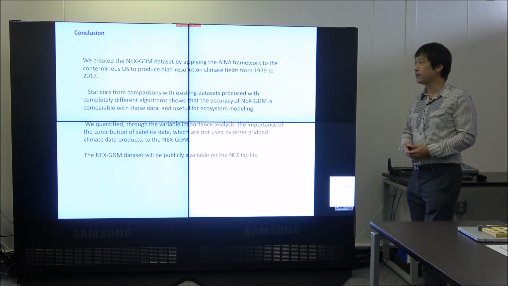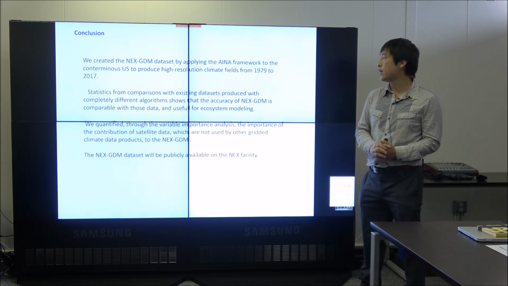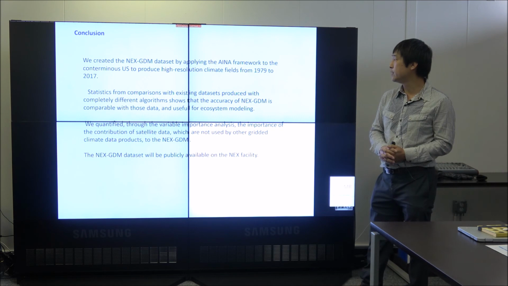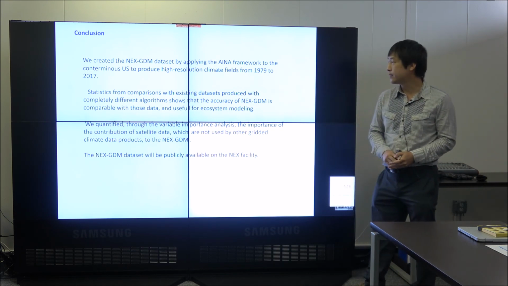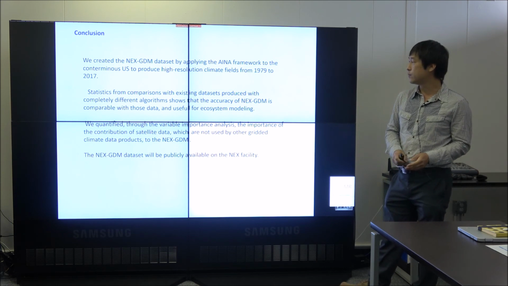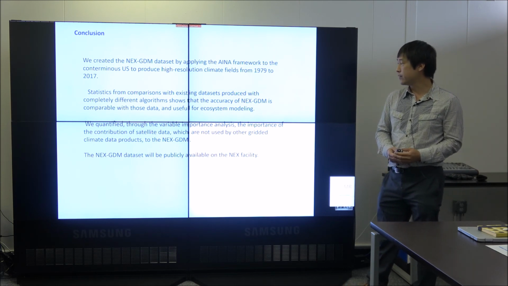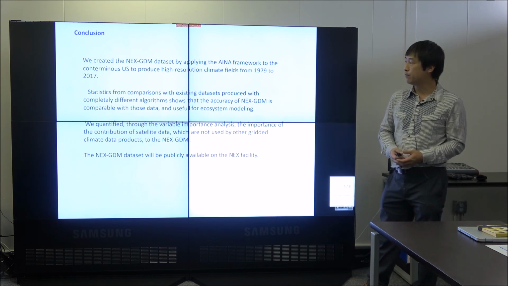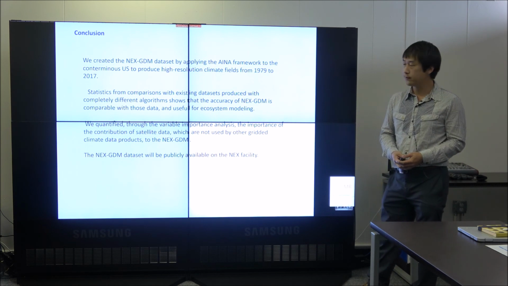Conclusion. We created the NEX-GDM dataset by applying the framework to the conterminous U.S. to produce high-resolution climate fields from 1979 to 2017. Statistics from a comparison with existing datasets produced with completely different algorithms show that the accuracy of NEX-GDM is comparable with those data and useful for ecosystem modeling.